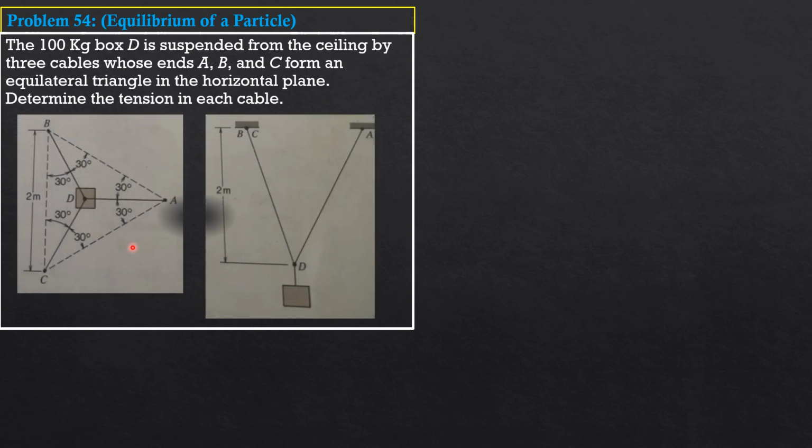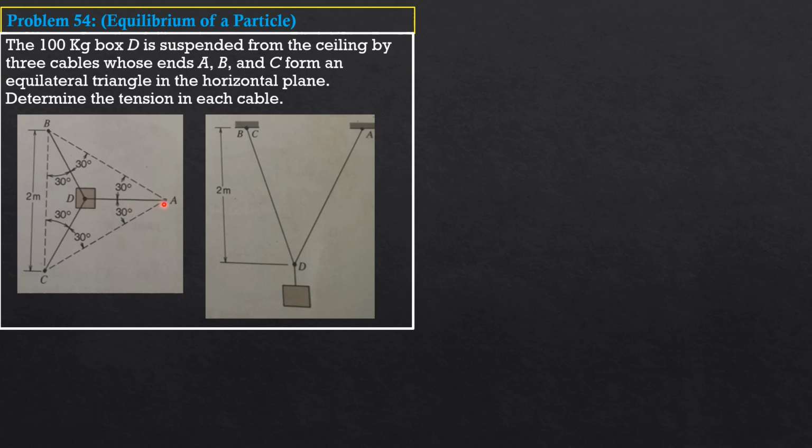So take note that in this plan, this is the suspended 100 kilogram box, and since this is an equilateral triangle, we expect that the tension in each cable would be the same. But let's just show that they are equal. We will not conclude yet, although the tension in each cable is really expected to be equal.